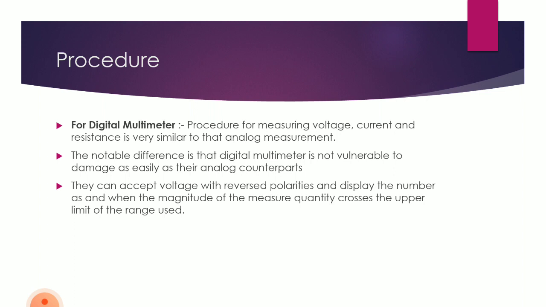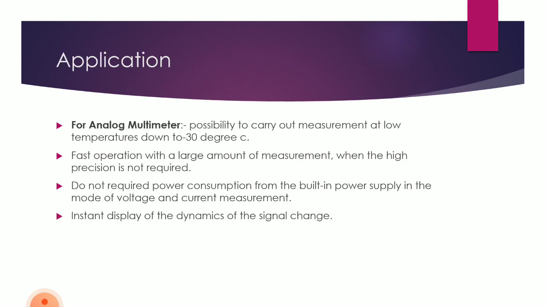And then the notable difference is that the digital multimeter is not vulnerable to damage as easily as its analog counterpart. They can accept voltage with reverse polarities and display the number as and when the magnitude of a measured quantity crosses the upper limits of the ranges used.